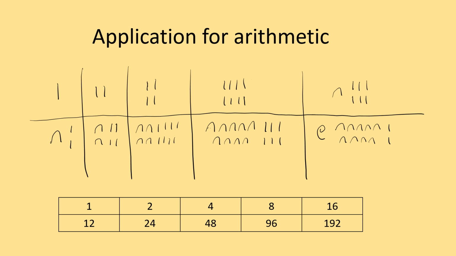If I use Hindu Arabic numerals, the pattern would look like this, which are, again, the even multiples of 12. And what we call this is a table.